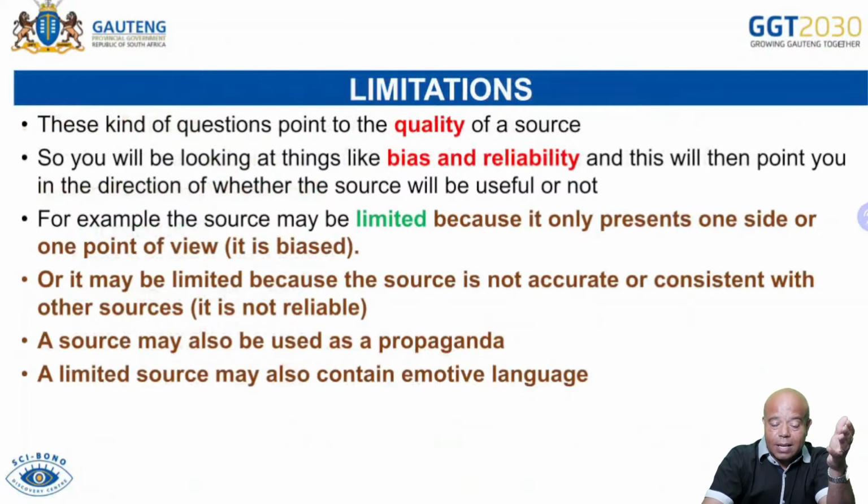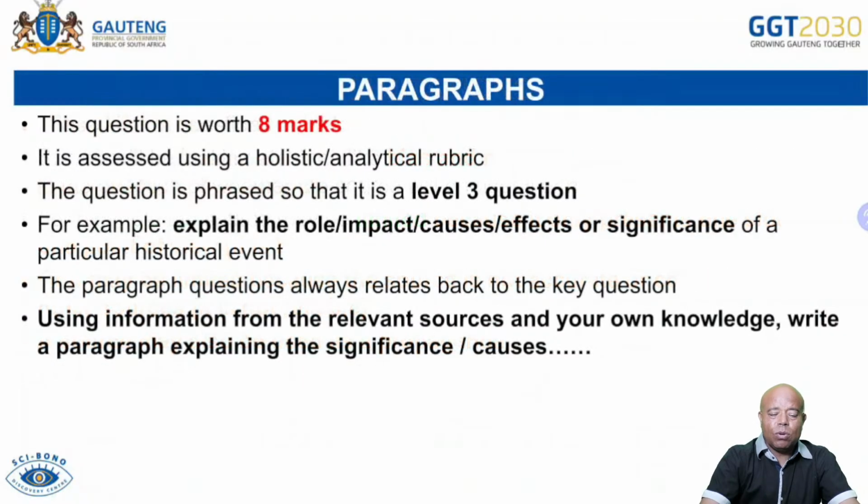There's no date. There is no consistency with the other sources, basically. The source may also be used as propaganda, basically. So propaganda, we know it's to conscientize the minds of certain people. It is limited. Why? Because it contains certain motives, basically, and we need to look at the language also.